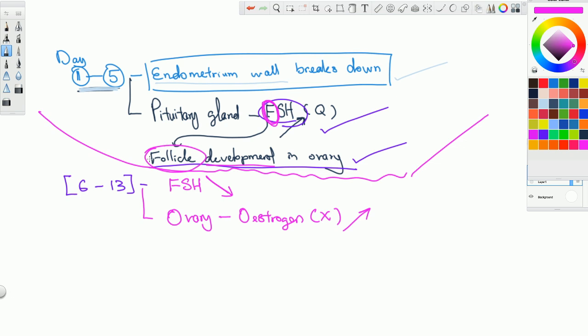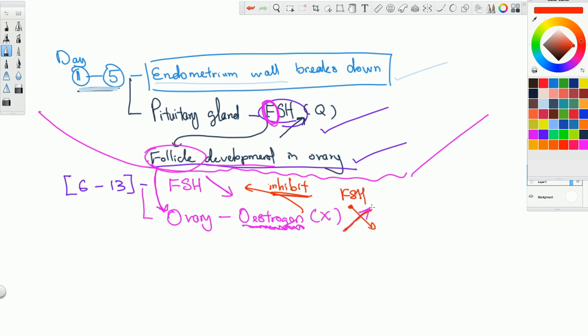So when follicle here develop in the ovary, follicle in the ovary is the one that secrete the estrogen. So as the follicle grow bigger and bigger, estrogen become more and more. When estrogen start to increase, this hormone can inhibit the FSH. Merencat dia. Means when this one increase, automatic FSH will drop.